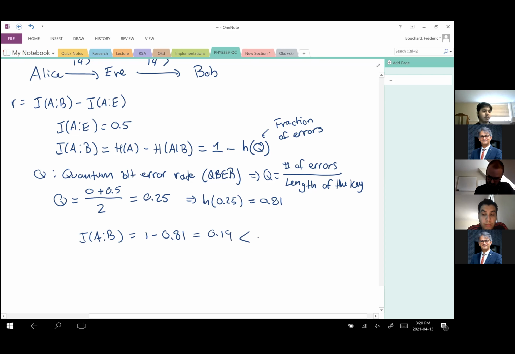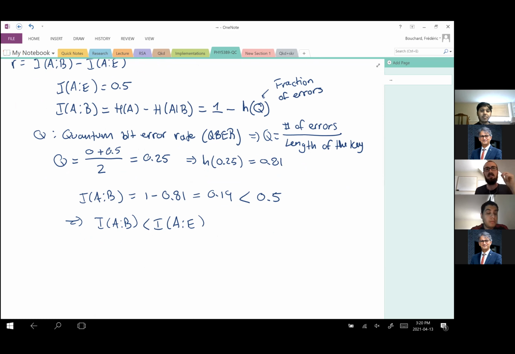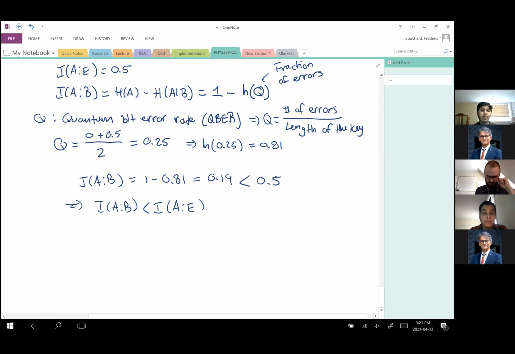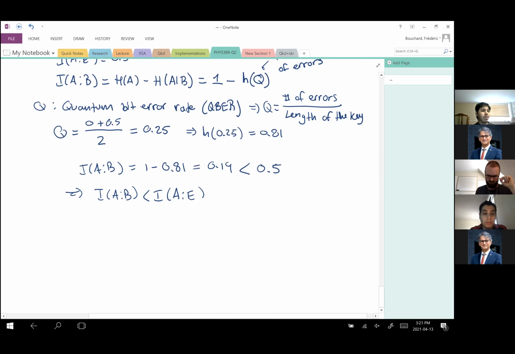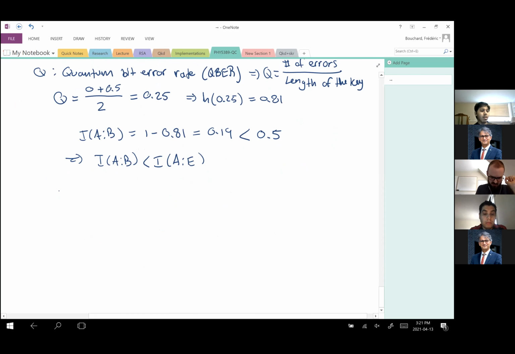And you see this is already smaller than 0.5, meaning IAB is smaller than IAE. So we know that there's no way Alice and Bob can generate a secret key if there's an eavesdropper doing an intercept resend attack. This is because Eve is getting way too much information compared to Bob.